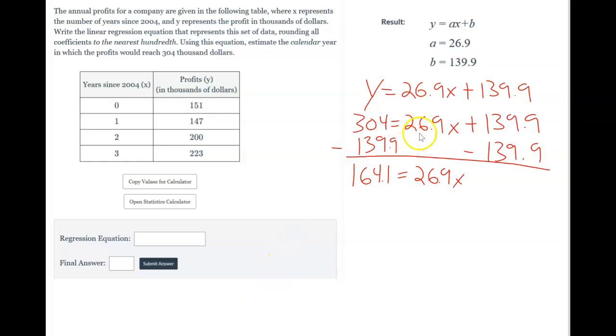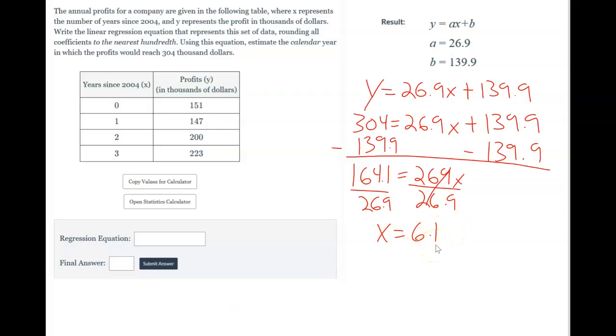That's going to bring down to 26.9x, and here you get 164.1 is equal to 26.9x, and just going to divide by the coefficient here. That cancels out, and that leaves you with x is equal to 6.1.